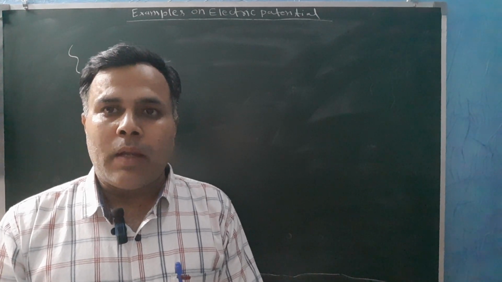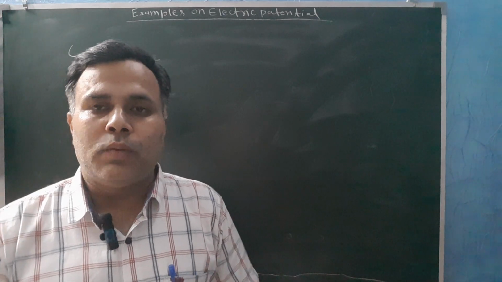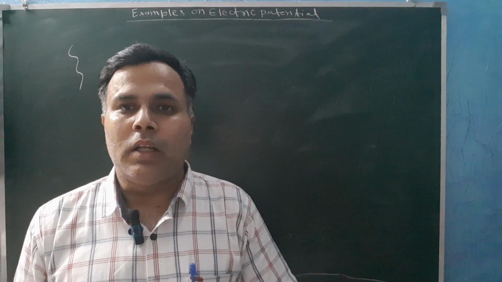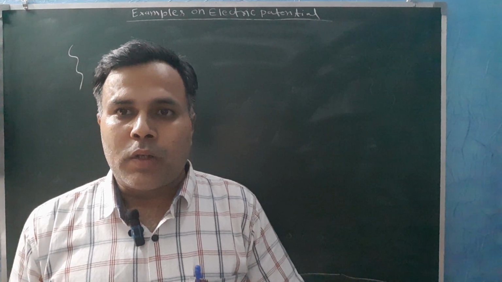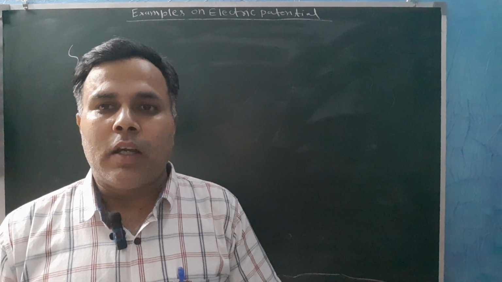In this lecture, I am going to solve examples based on the concept of electric potential. In the previous lecture, I explained what electric potential is and what its profile is due to a single point charge.